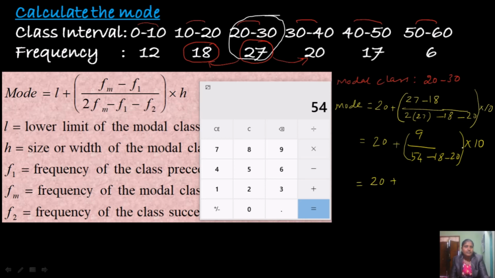That is equal to 20 plus, when you multiply 9 with 10, we have 90, over, when you subtract 54 minus 18 minus 20, we have 16.